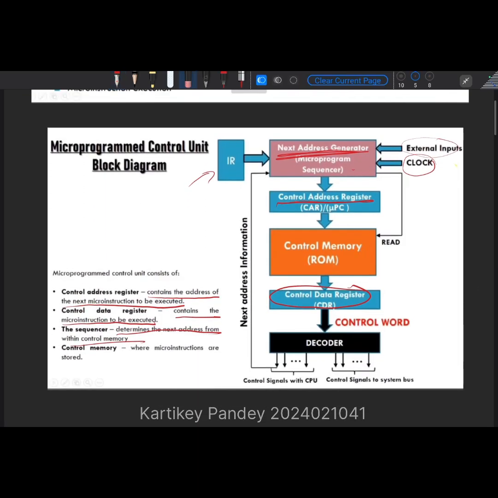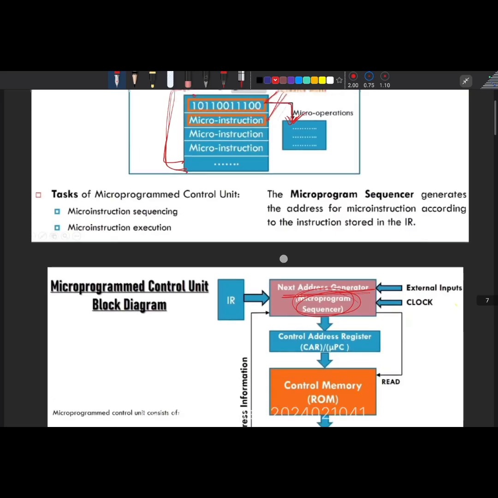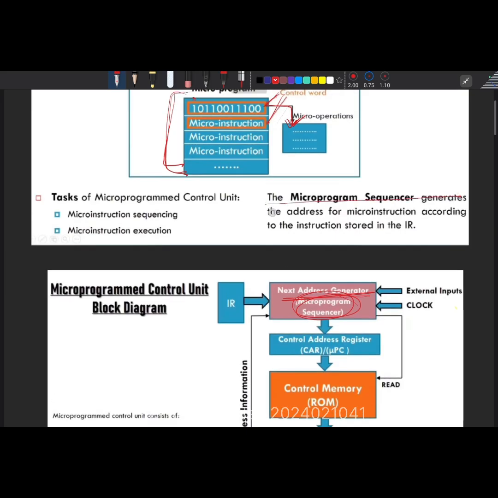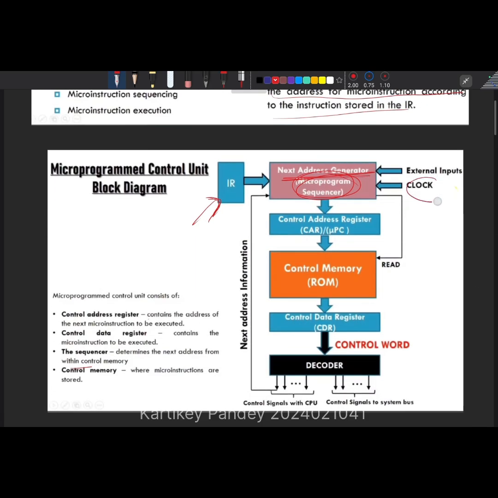Let's understand it further with this block diagram of the microprogram control unit. Here we have the next address generator, which is the microprogram sequencer, which we have discussed. The microprogram sequencer generates the address of the microinstruction according to the instruction stored in the IR, that is the instruction register, which is here. This is the clock.